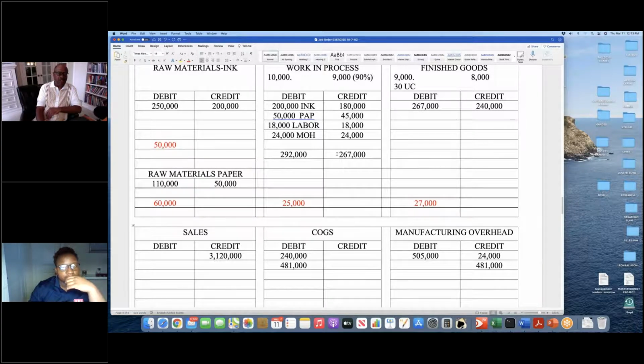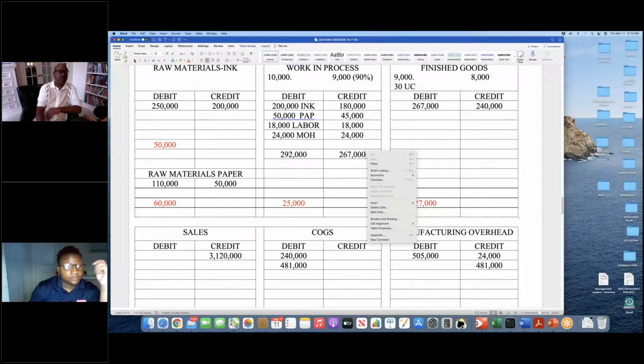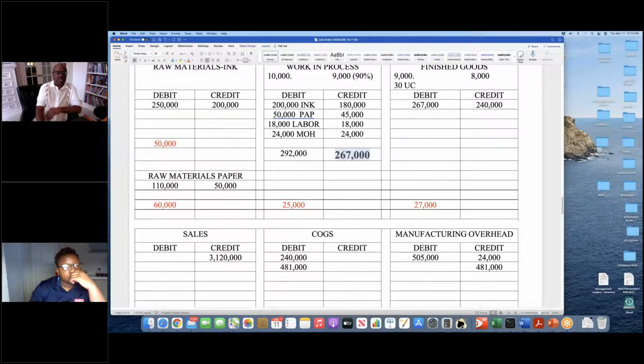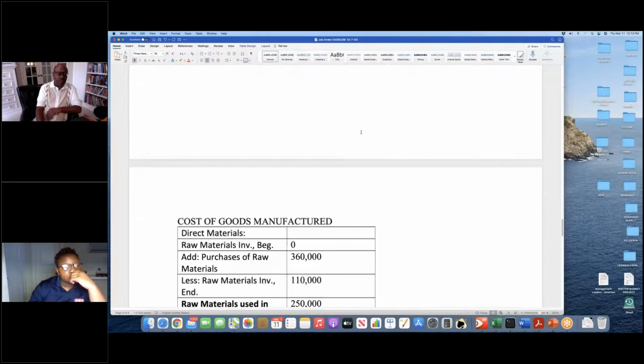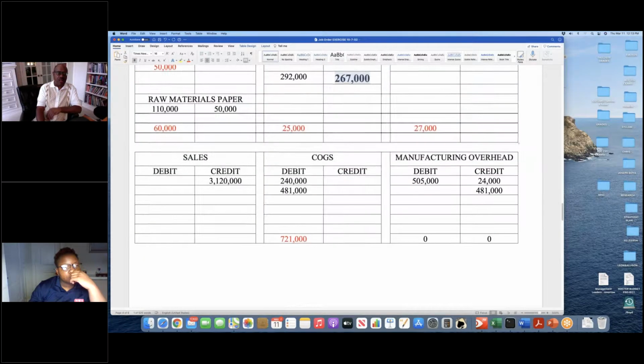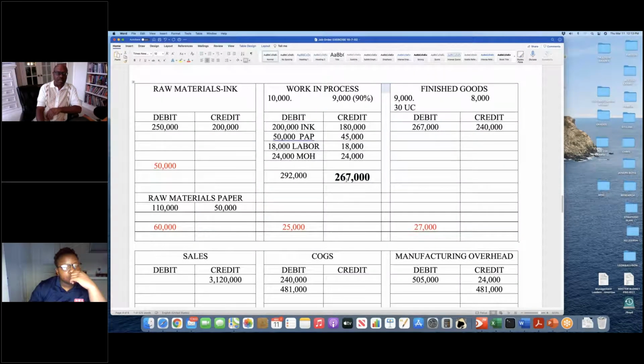So the answer on cost of goods manufactured is always the amount we transfer out of the finished goods account.